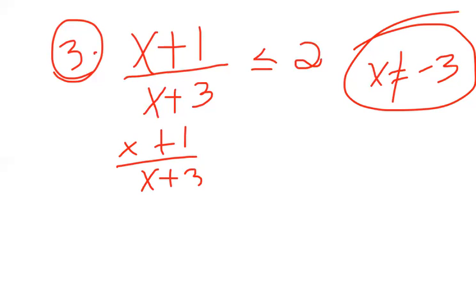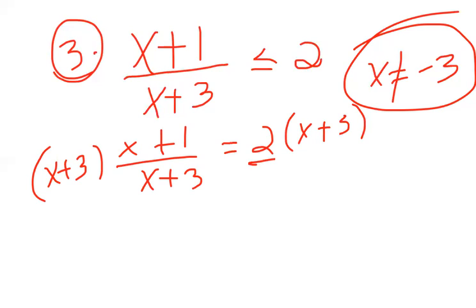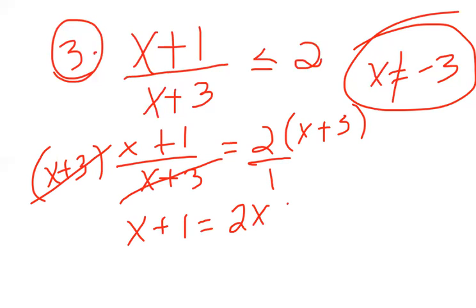Let's pretend it's an equation and then solve it. How do we solve it? We multiply both sides by x plus 3. By the way, guys, this is the same thing as putting the 2 over 1 and cross multiplying, like a proportion, okay? So here, the x plus 3's cancel out, leaving you with x plus 1 equals 2x plus 6.